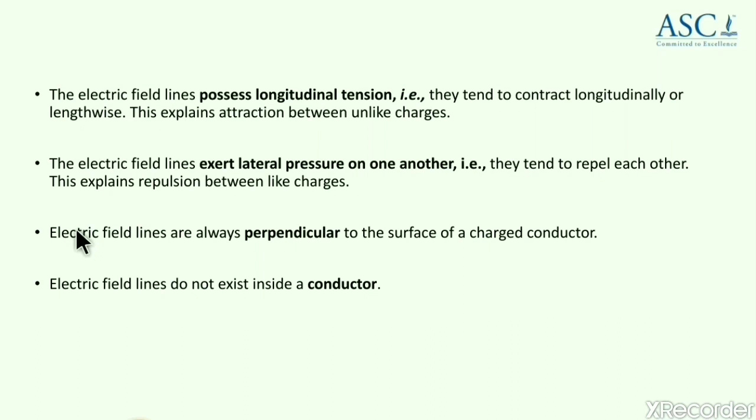Next property, an important property, electric field lines are always perpendicular to the surface of a charged conductor. Meaning, see, whenever you see electric charges on any shaped body, suppose I consider a sphere, if you want to show how exactly the electric field is around it, then you have to draw the electric field line exactly perpendicular to the area from where you have started the electric field line.